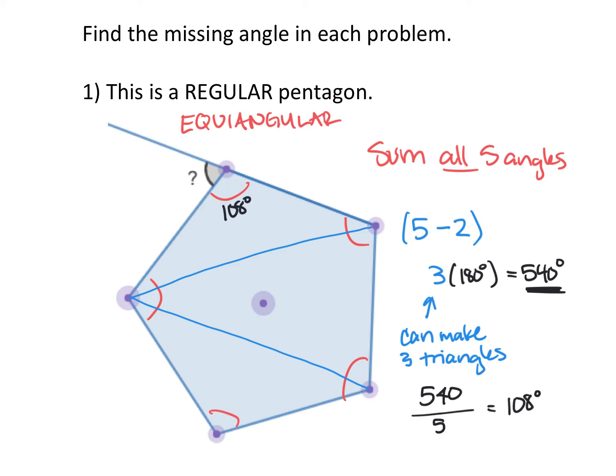So this one is 108, all of them are 108, etc. And so to find this one, well, this angle plus this angle is going to be 180, so I'm just going to say 180 minus 108, and this one will be 72 degrees. And that is your answer for number 1.